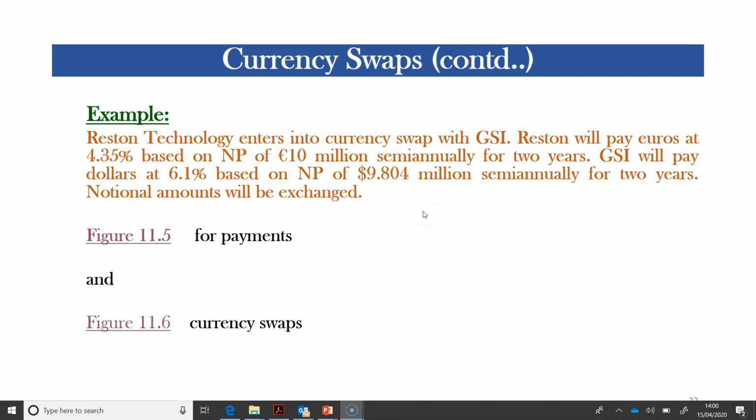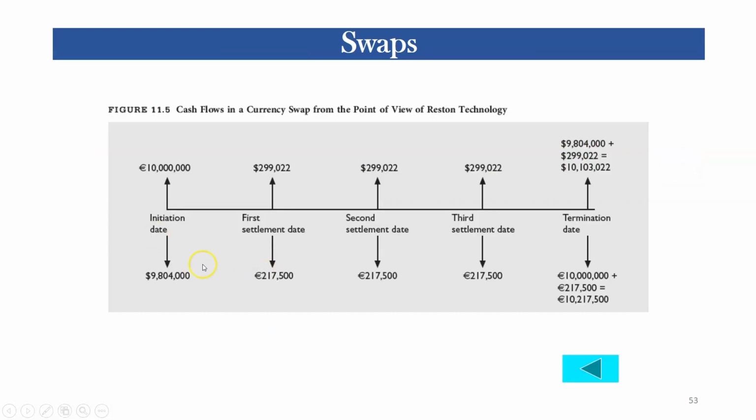Both parties agree to exchange the notional principal at the start and end of the swap period. Payments are netted. The payments on this currency swap are shown in figure 11.5. As we see here, at the start, both parties exchange the notional principals.